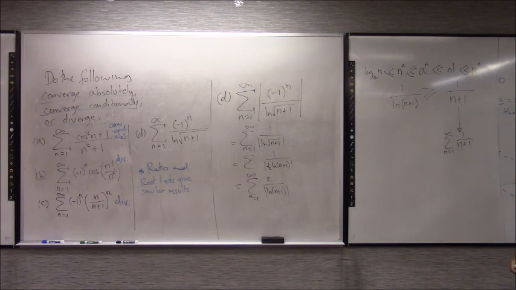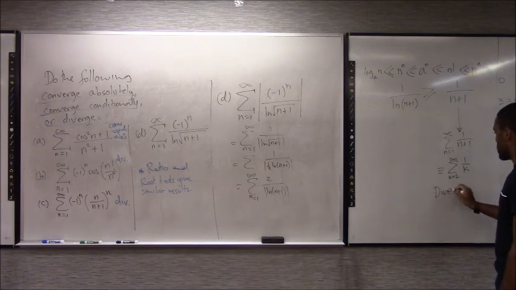You can compare it to 1 over n. In fact, it's equivalent to 1 over n. I can just do a shift. Because see, this one starts at a half, then a third, and so on. So it's kind of like I have 1 over k, but I started at 2. Right? So it's harmonic, so it diverges.